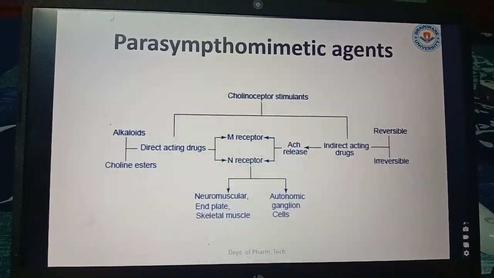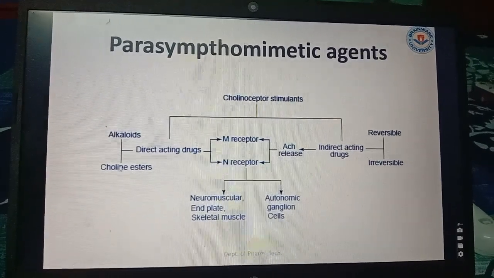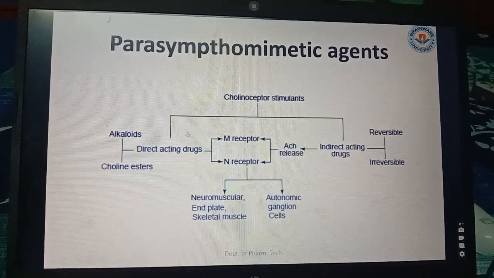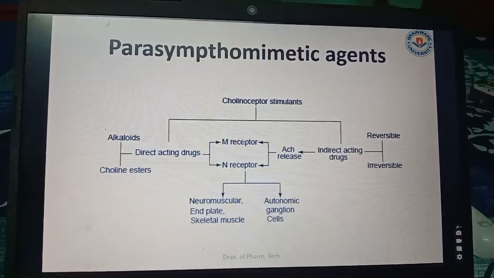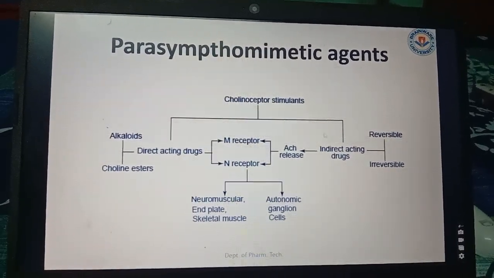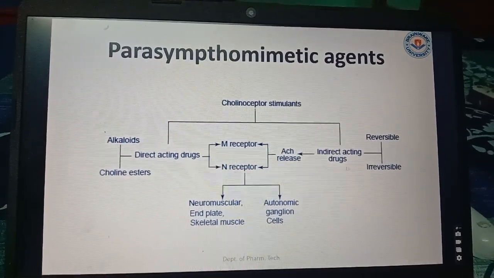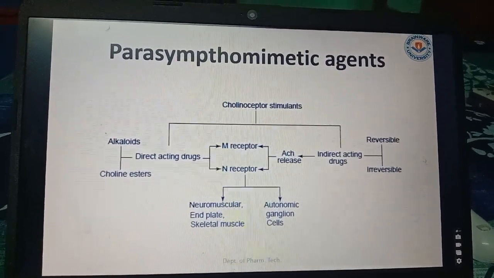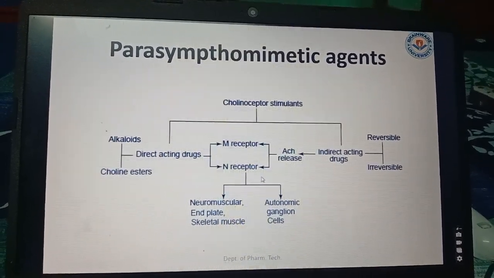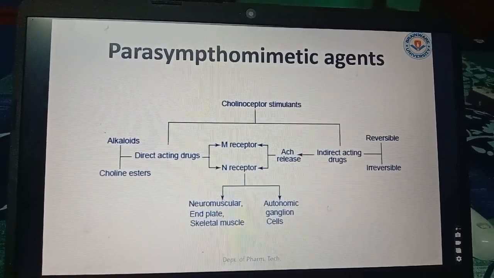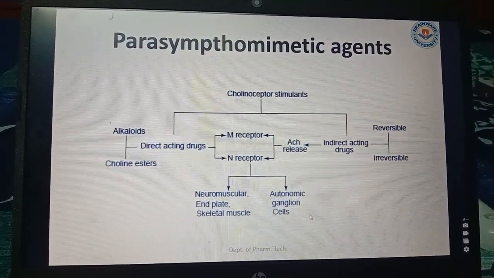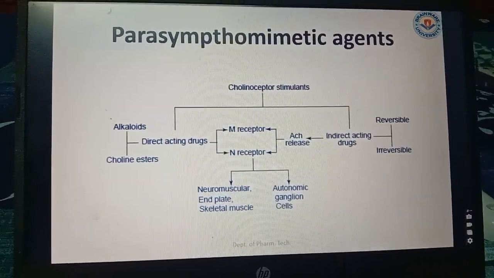Cholinergic stimulants are alkaloids and cholinesters. They are direct-acting drugs. They act on the muscarinic receptor and nicotinic receptor, and acetylcholine is released. And some indirect-acting drugs are there, reversible and irreversible. The neuromuscular end plate, skeletal muscle, and autonomic ganglion cells are activated by these drugs.